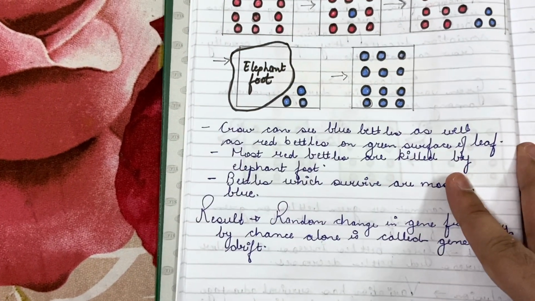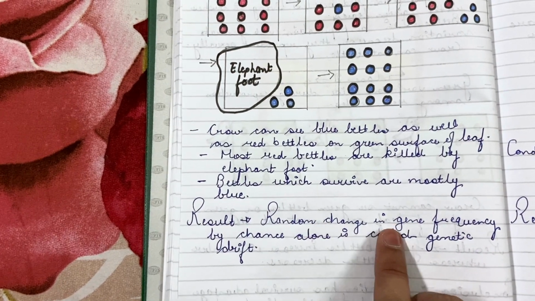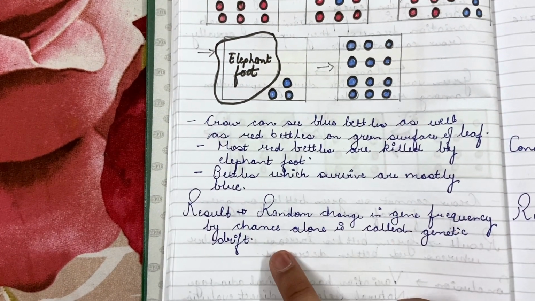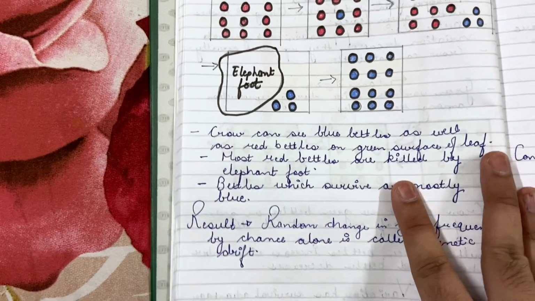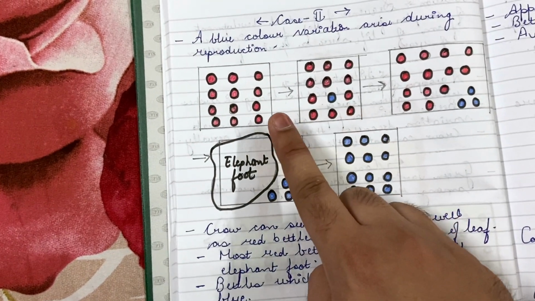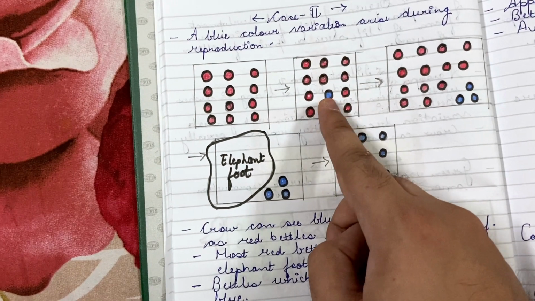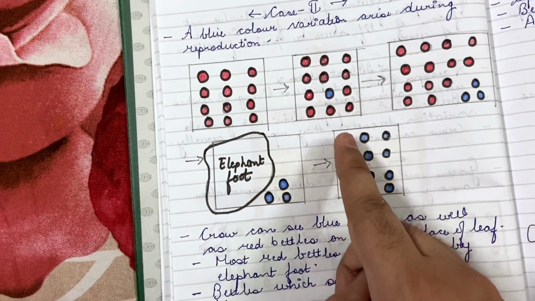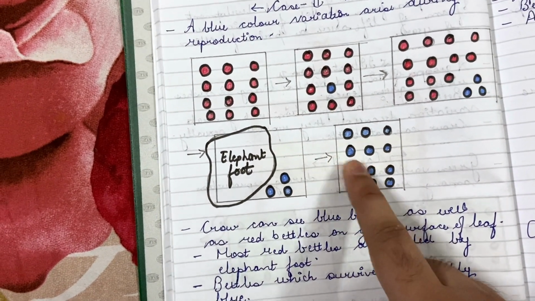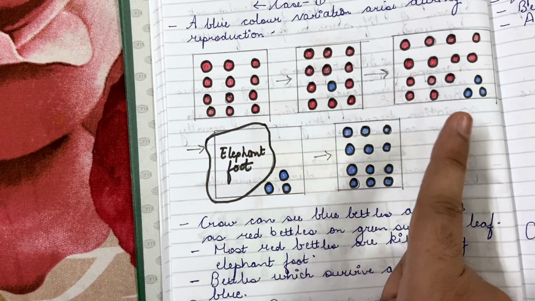Genetic drift means a random change in gene frequency by a chance event. Earlier the gene frequency was that there were 11 red beetles and 1 blue beetle. But now the allele frequency is that there are a total of 12 blue beetles.